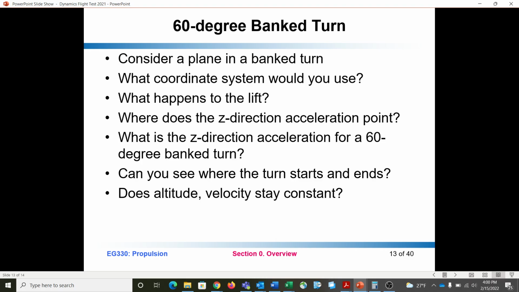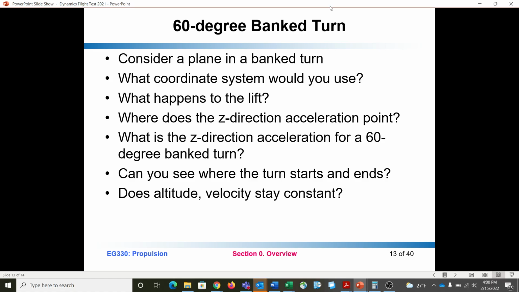And then in a 60-degree banked turn, I want you to think about the free body diagram of a plane in a banked turn. A banked turn is when the wings of the plane make an angle with the horizontal, or the lift of the plane makes an angle to the vertical.